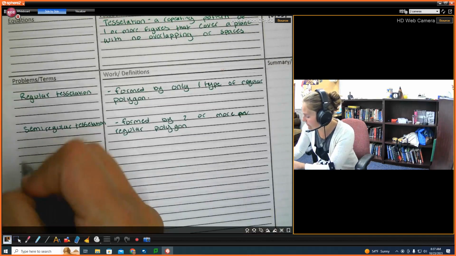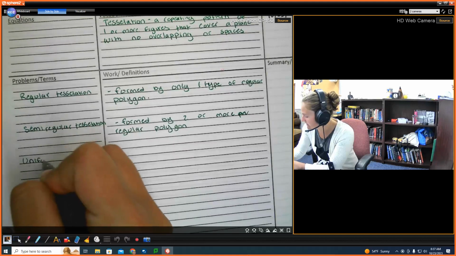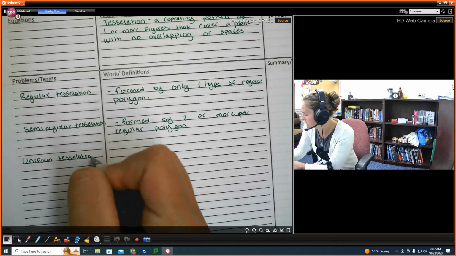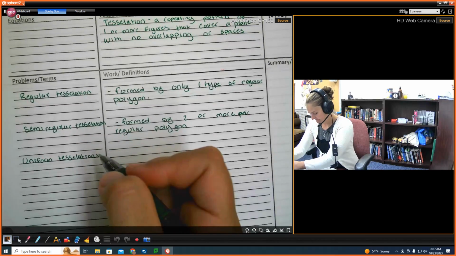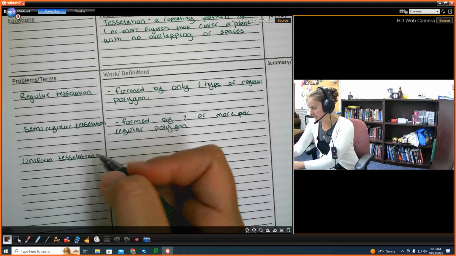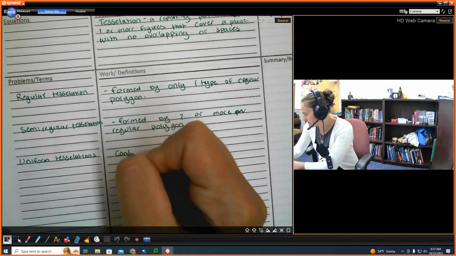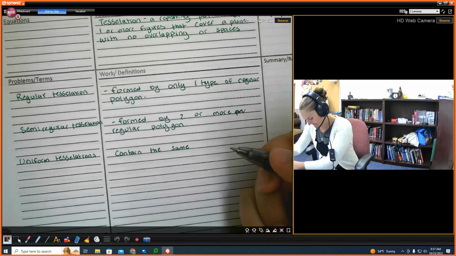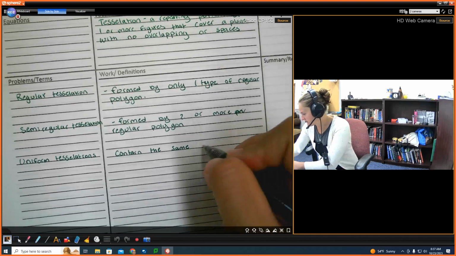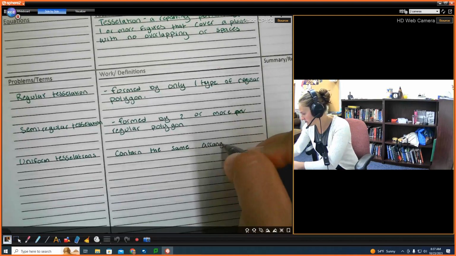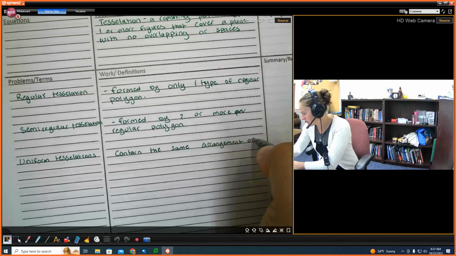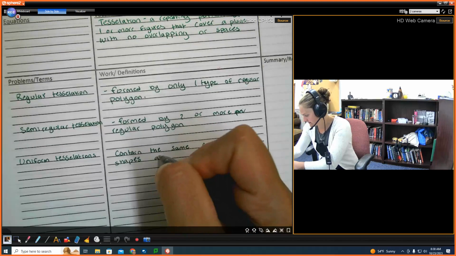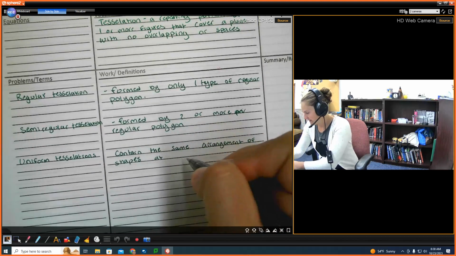Okay, and then uniform tessellations. So they contain the same arrangement of shapes at each vertex.